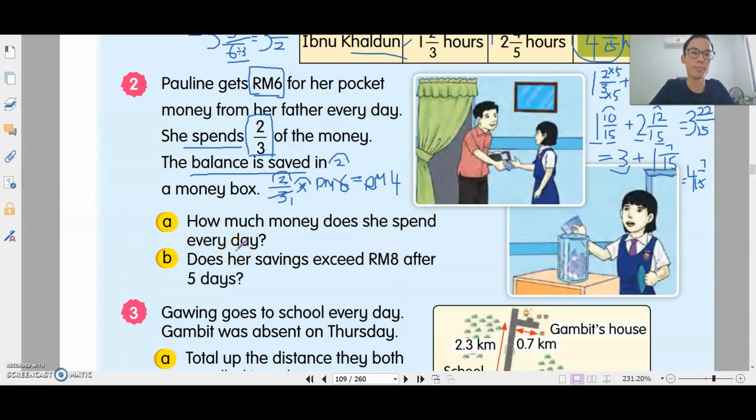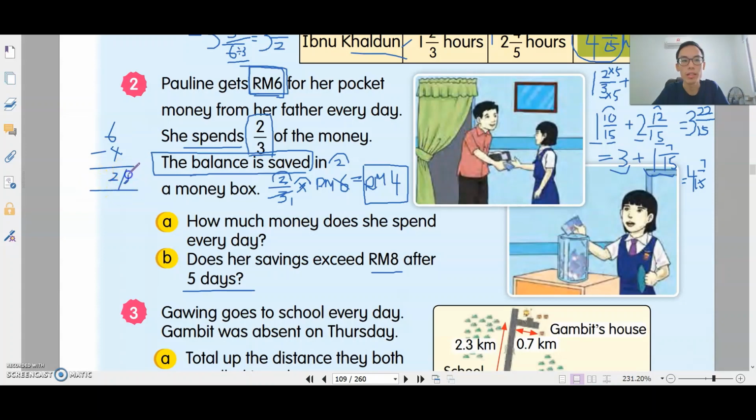Question B. Does her savings exceed 8 ringgit after 5 days? The question tells us the balance is saved. Her pocket money is 6 ringgit. She spends only 4 ringgit. So 6 minus 4 is 2. Every day she saves 2 ringgit.